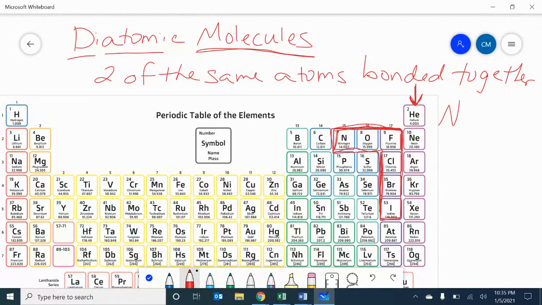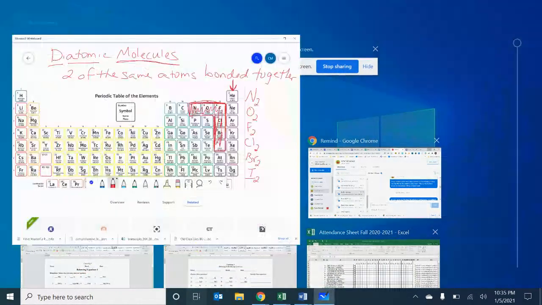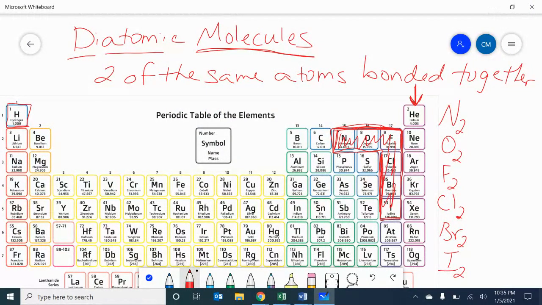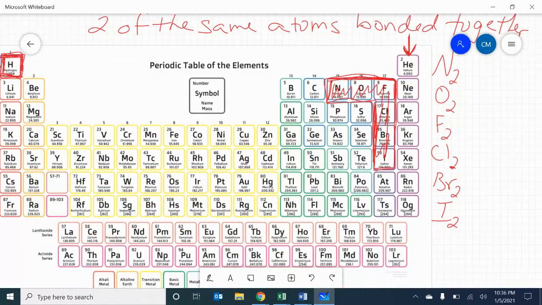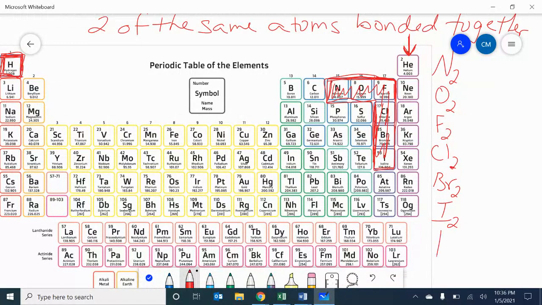So N and O and F and Cl and Br and I. That's 1, 2, 3, 4, 5, 6, but there should be 7. Okay, this even looks like a 7 right here. Well, the 7th one is over here on the far left. That's hydrogen. All right, hydrogen is the 7th one way over here. It naturally occurs in the environment also as a diatomic molecule, meaning it's paired up with its twin, H2.